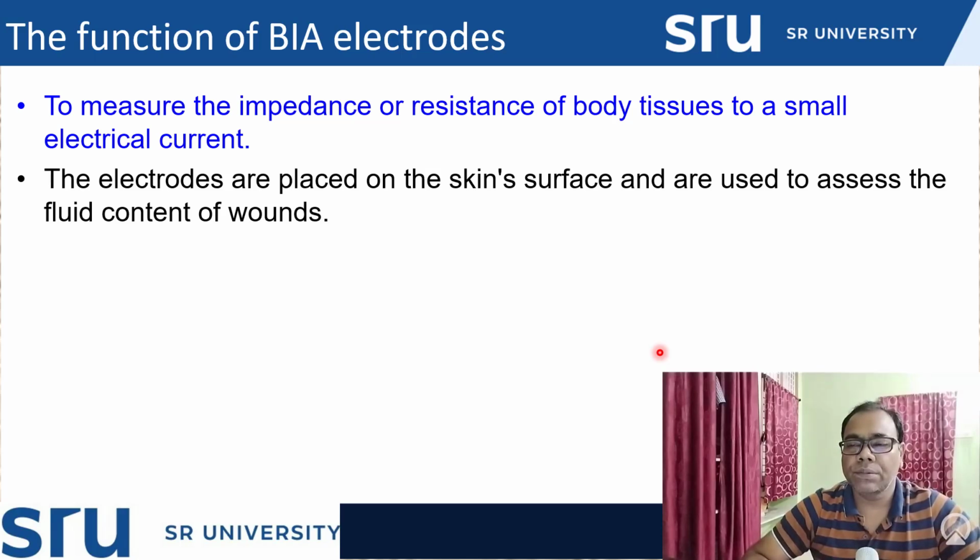Similarly, this electrode is placed on the surface of the skin, in the wound area, and it is used to assess the fluid content of the wound. Once the doctor knows the fluid contents, they can go for the treatment process.